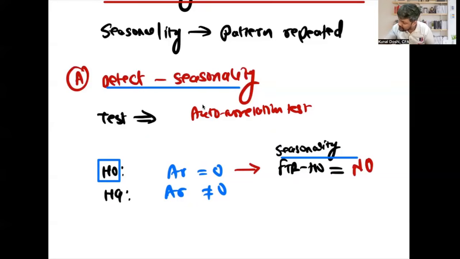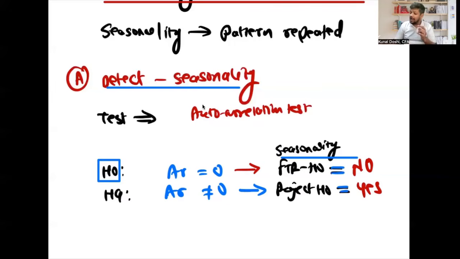But if I reject the null, and the null was that autocorrelation is equal to zero, then rejecting the null means autocorrelation is not equal to zero. And when autocorrelation is not equal to zero, that means there is seasonality.